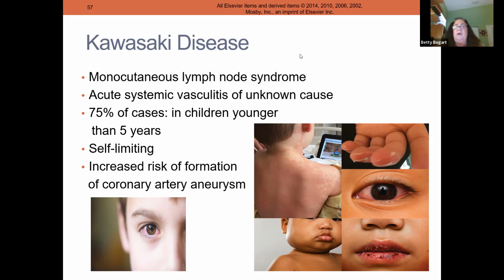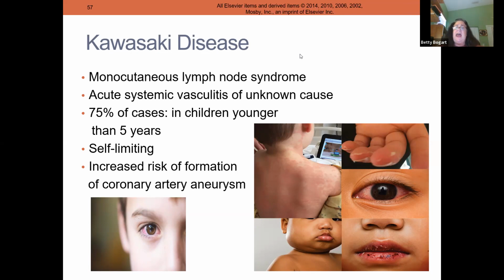So what do we see with Kawasaki? The first time I saw it, it was in the cardiac ICU, the boss of the cardiac ICU, the head of it. A 3-year-old son was brought in, and of course they gave it to me because they do those things to me all the time. And what did I see?